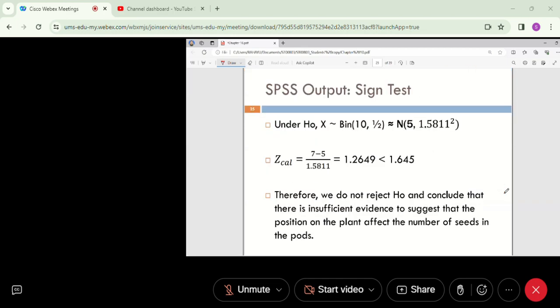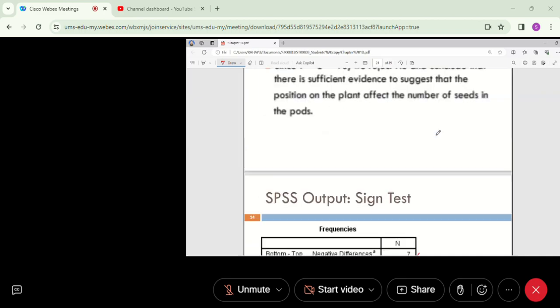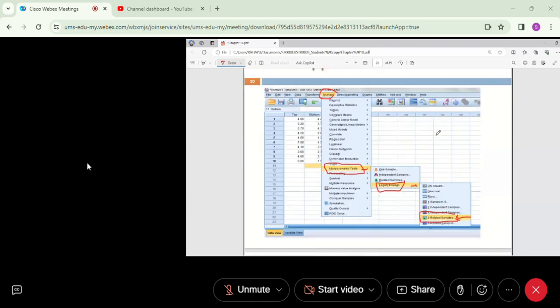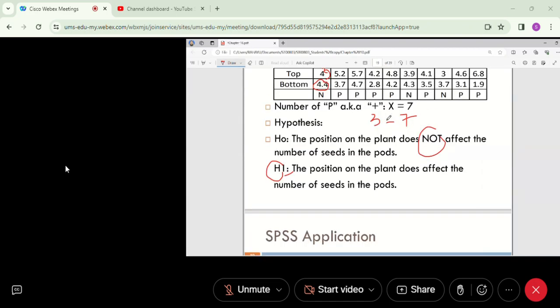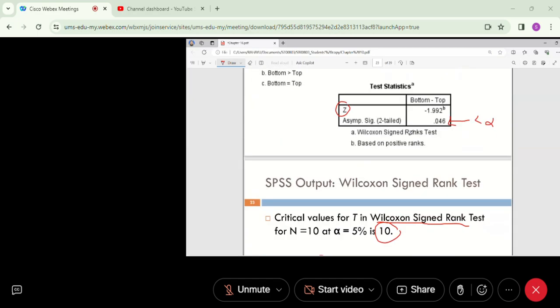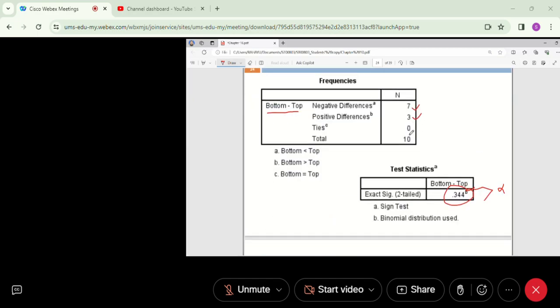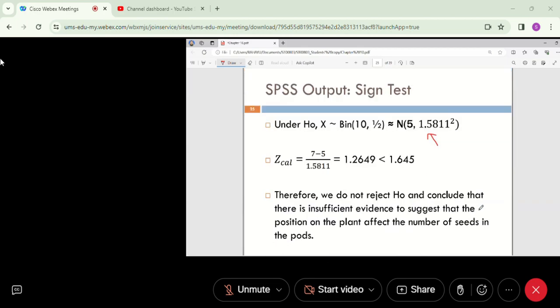If we look at the values of the sign test, if I follow the binomial probability distribution or simply look at the number of signs here, 3 versus 7, definitely it is not similar. So here in the sign test, it says greater than alpha, there is no significant difference.